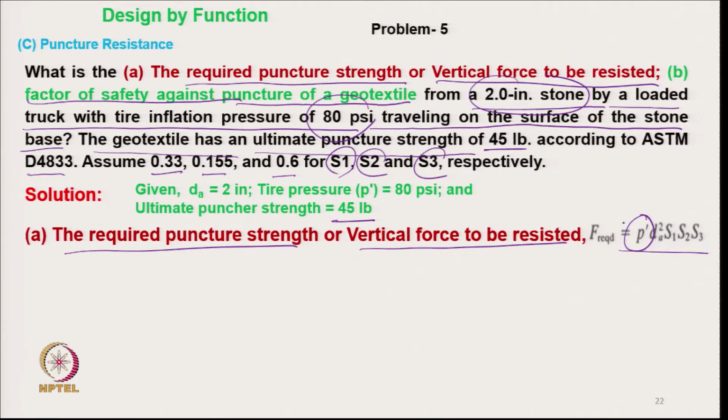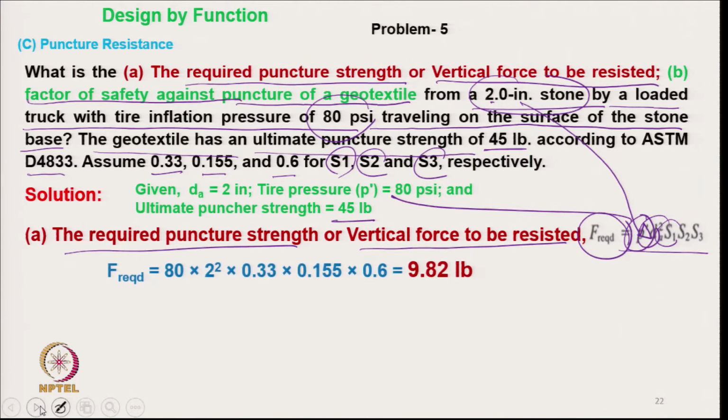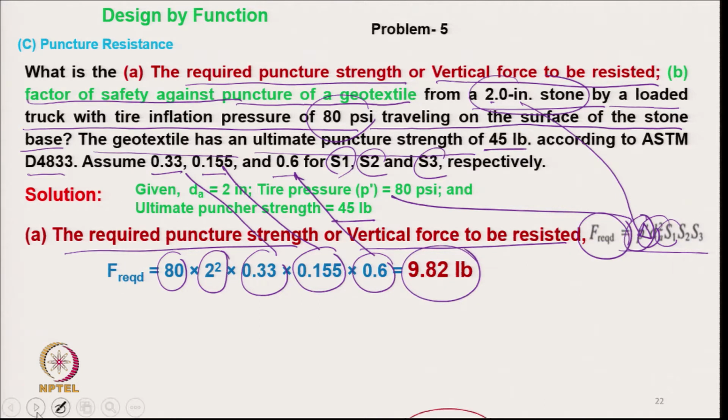P dash is 80, dA is 2 inch, S1, S2, S3 are given. So, from there we can calculate the F required directly. So, 80 times 2 square times 0.33, 0.15 for S2 and 0.6 for S3. From there we get the required puncture strength equal to 9.82 pound.